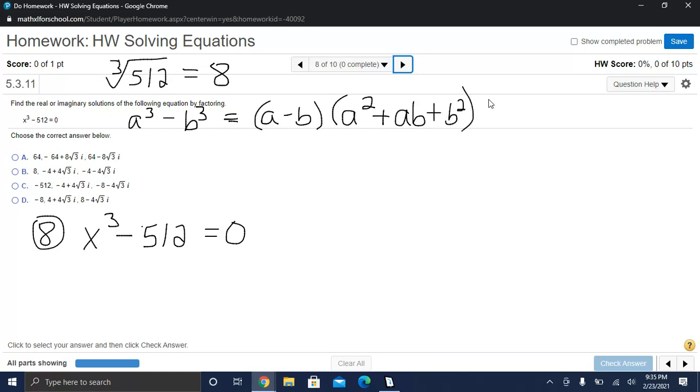In my problem, the a would be the third root of the x to the third. So the a would be an x.